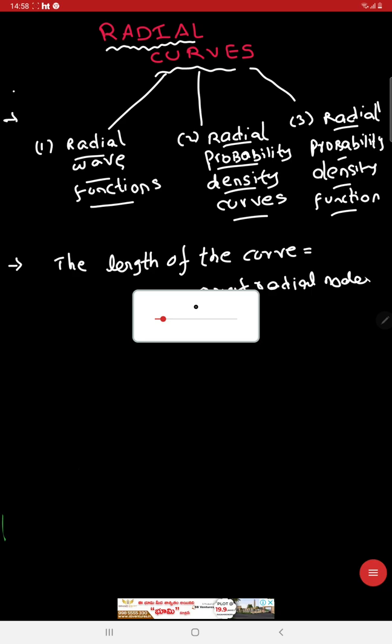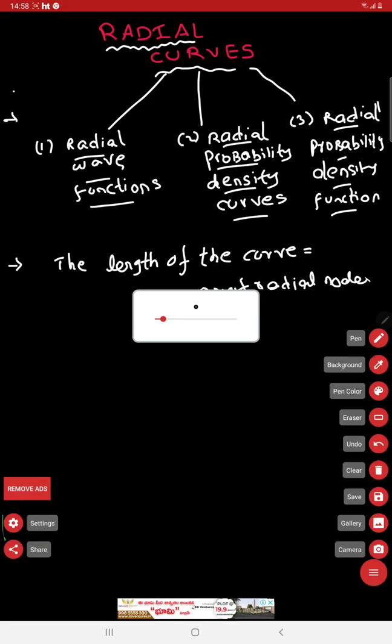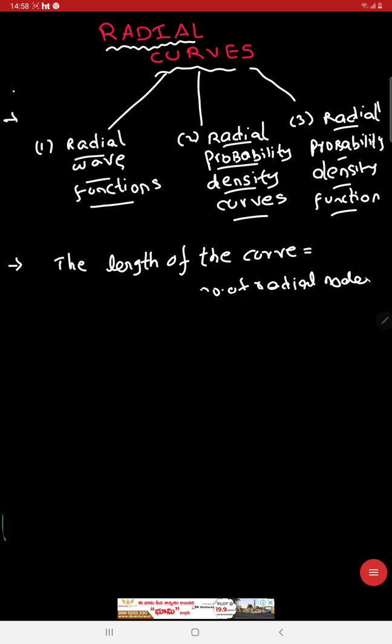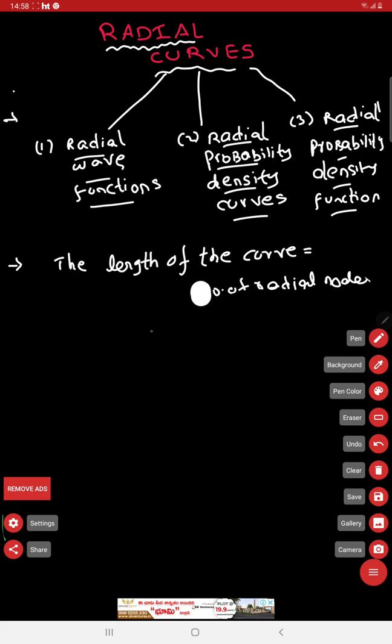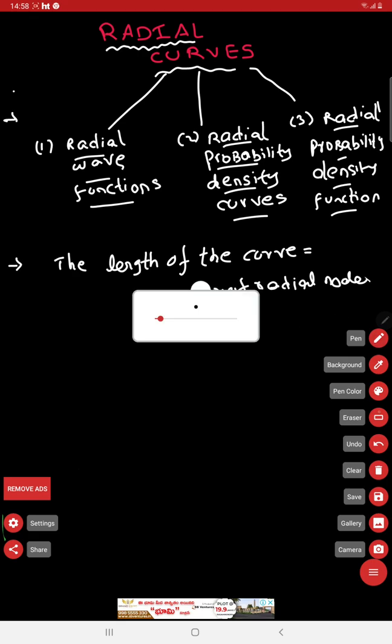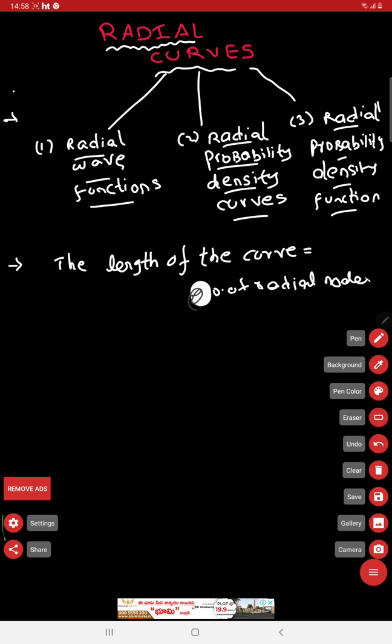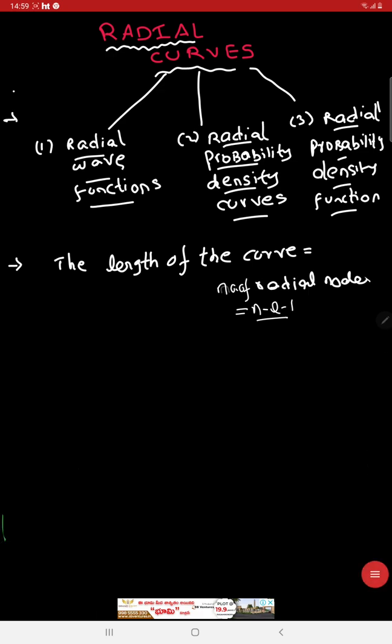Now the number of radial nodes is n minus l minus 1, so that is the required value. Next, the length of the curve can be determined.